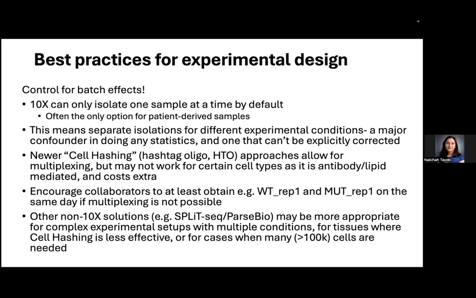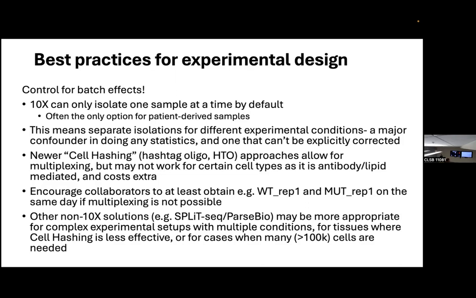Okay, so do you think they should be doing technical replicates as well, or is the biological replicate more important than the technical replicate? Usually, I would say the biological replicate is going to be more important and informative. There may be cases when a technical replicate is important, especially if for some reason you need to profile cells using different platforms.